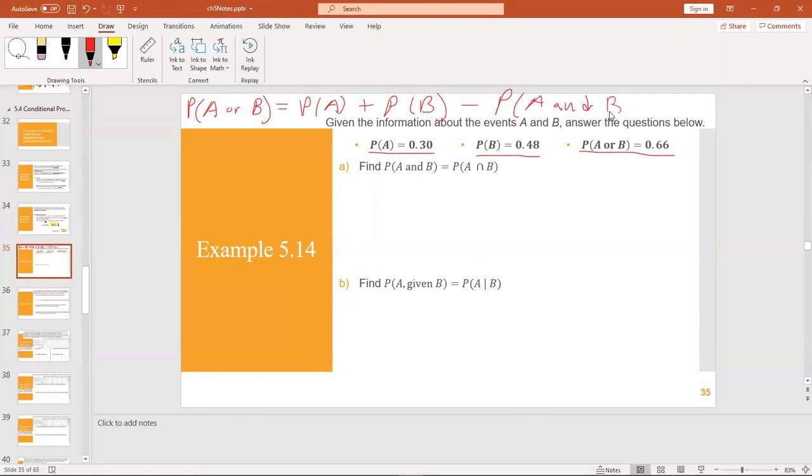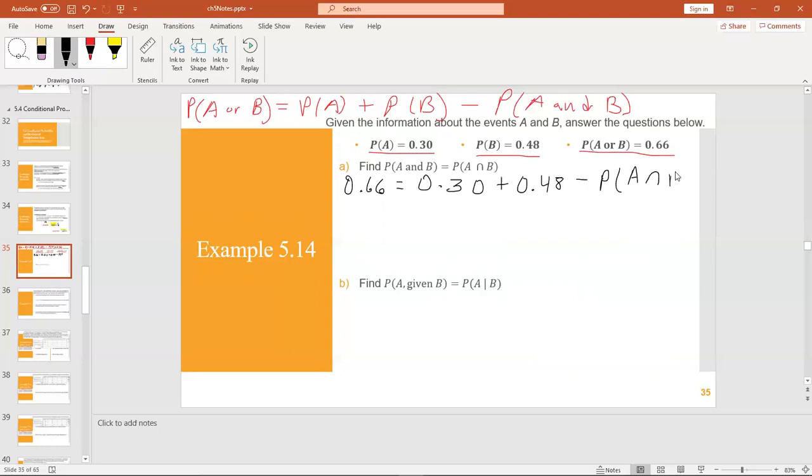So using this formula, if I want to find the probability of A and B, I know A or B. I know the probability of A. I will add the probability of B, and then subtract whatever the probability of A and B is.